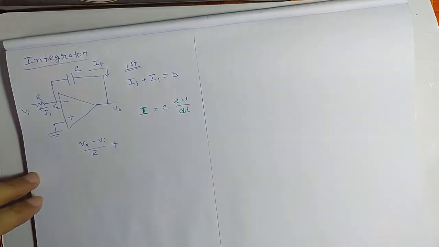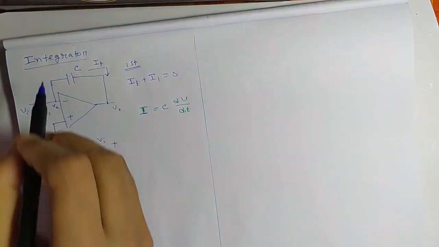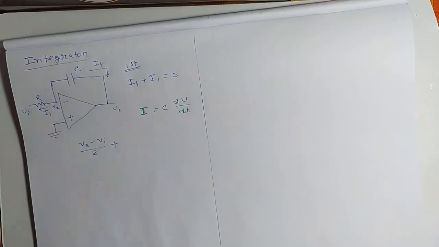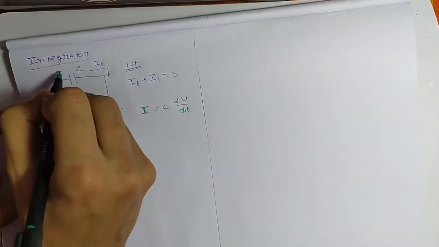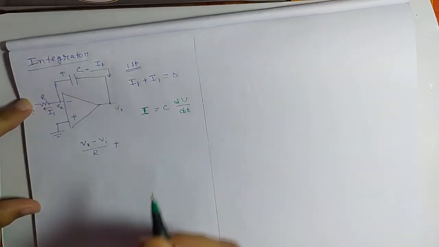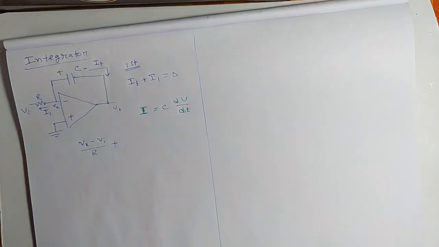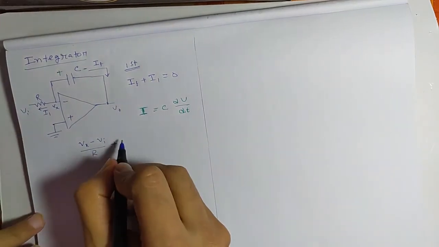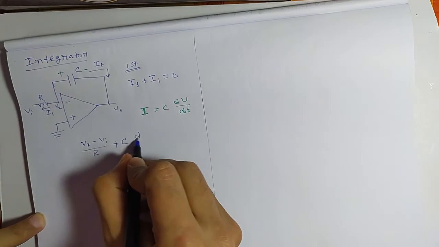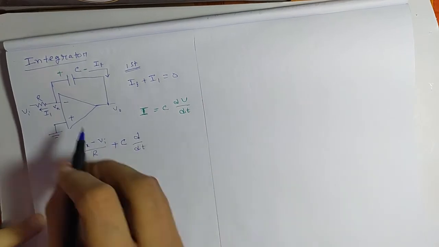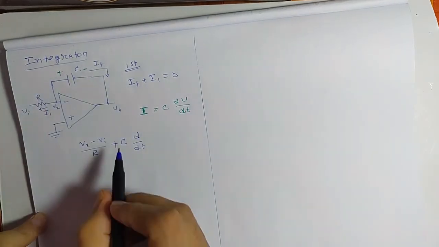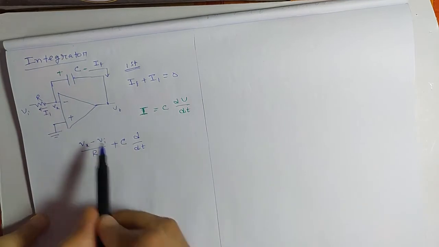In this case you can see the current is flowing in this direction, so I'll assume the capacitor plus here and minus there. So the capacitor current can be written as C d/dt of the capacitor voltage, so the capacitor current is C dV/dt.